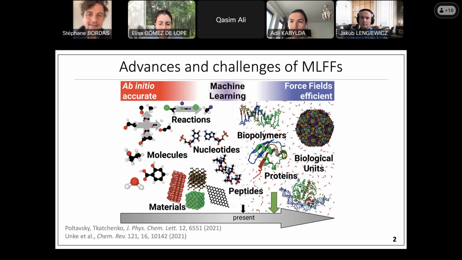Yeah. So what we're doing now is that we let the machine learning model take care of the local things, and we implement some of the methods that we develop in the group for the long range stuff. And this should be nonlinear and many body and stuff like this.